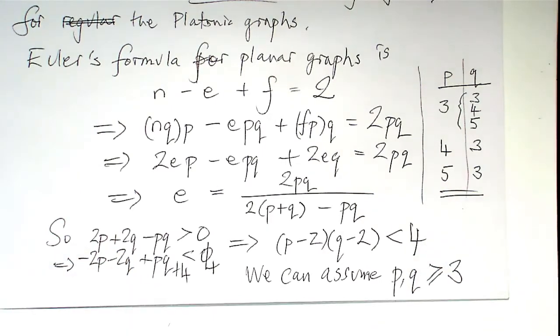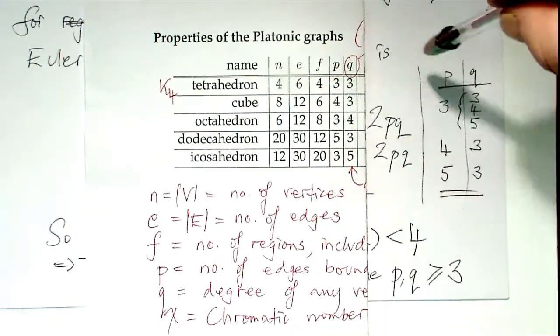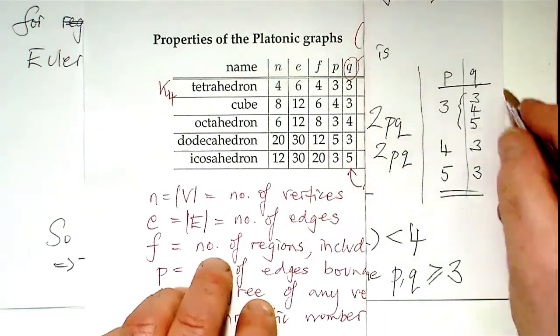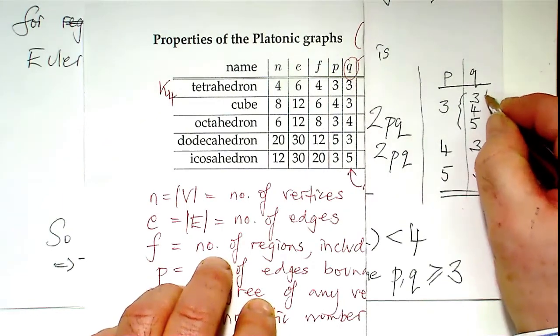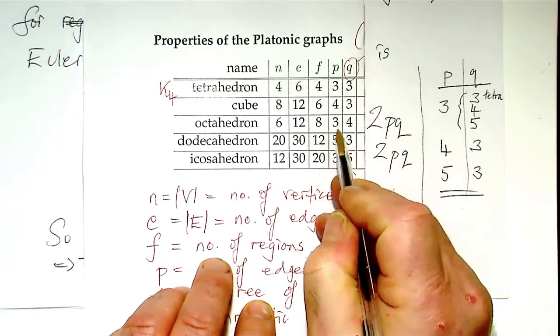And they correspond to the 5 Platonic solids. Here's the table. You can have both of them 3. That's the tetrahedron. You can have P is 3 and Q is 4.